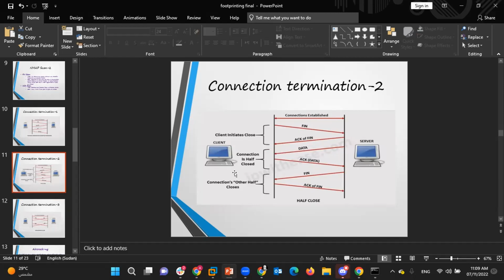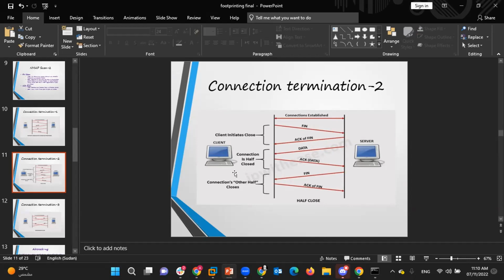The server sends a FIN ACK. But after he sent a FIN ACK, he sent data, which means the client requested data before he sent a FIN. And he didn't get or receive this data. And he asked to close this connection.